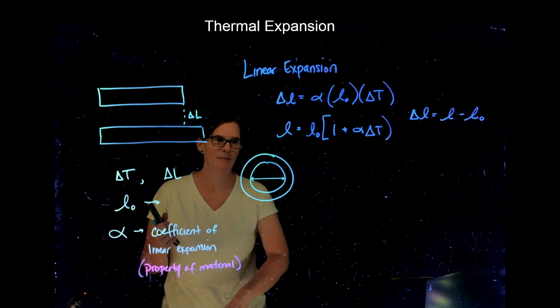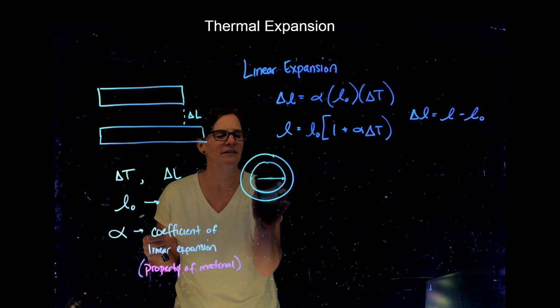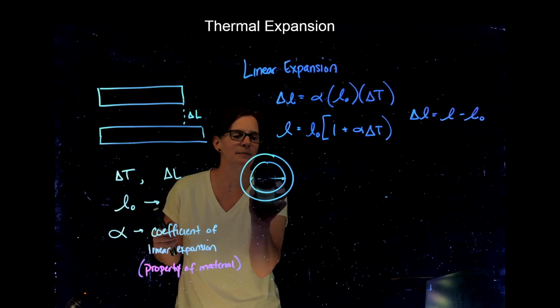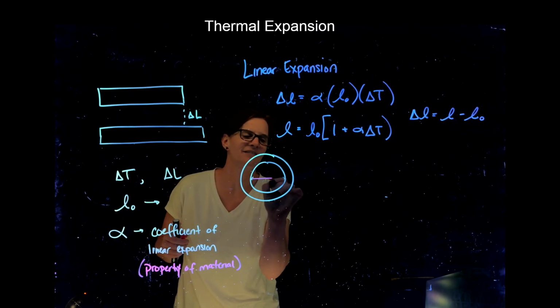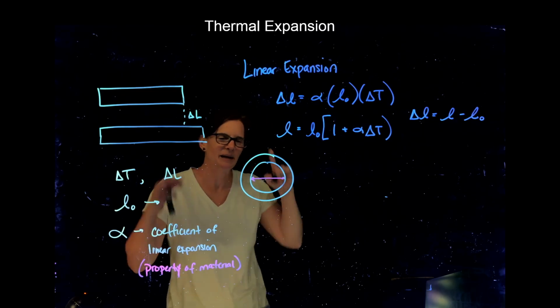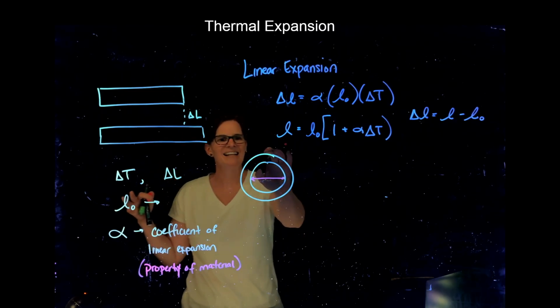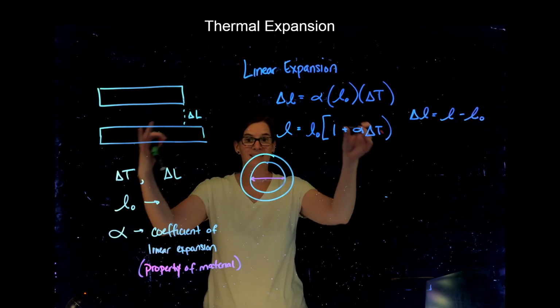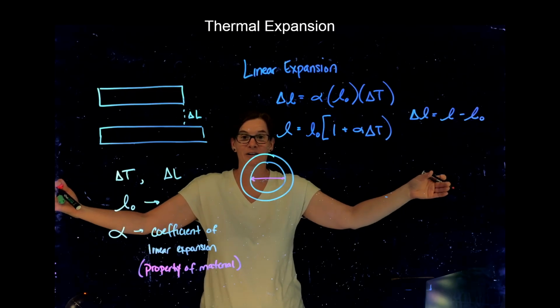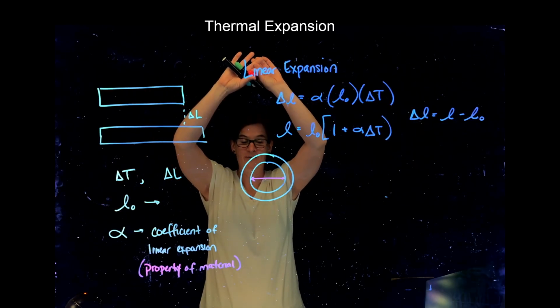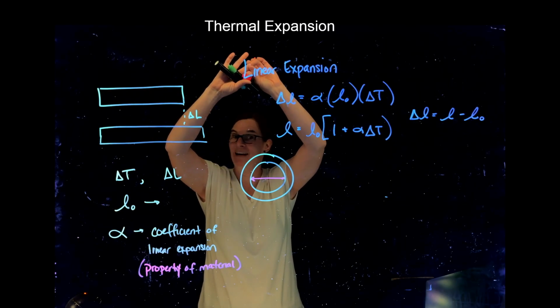To help you remember, the hole gets bigger. The hole gets bigger. If we think of this as the length of expansion, that might help us visualize it. As if we were to unwind this tube, for example, and put it through linear expansion, it would get longer. And if I were to reattach those two ends, I have a bigger hole.